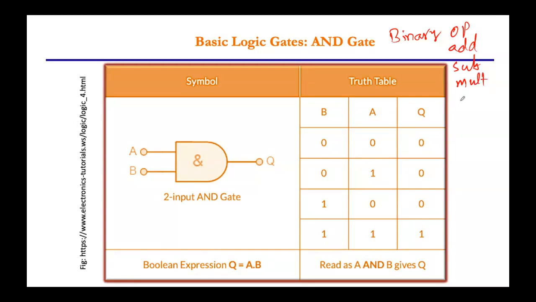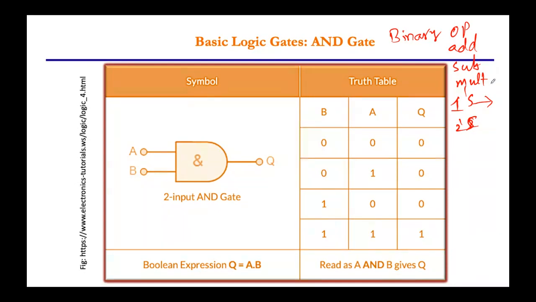And in one's complement and two's complement, we have seen that whatever the binary value is there, each bit will be inverted in one's complement. In two's complement, the bits will be inverted, and finally another one is added, so we get the two's complement. So these are a few operations we perform.